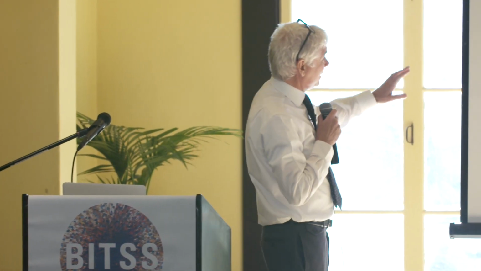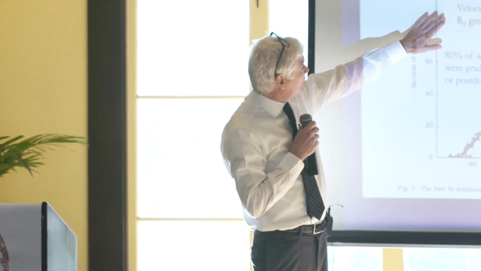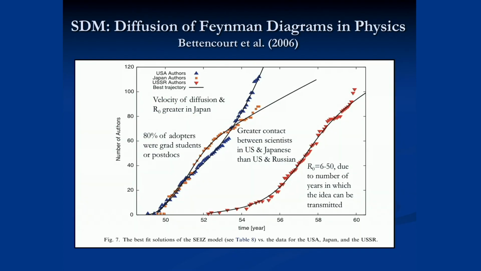Okay, so what did they find? They found that the velocity, so here the blue one is the US, this is Japan, and this is Russia. One thing to notice is there was greater contact between scientists in the US and Japan than in Russia.